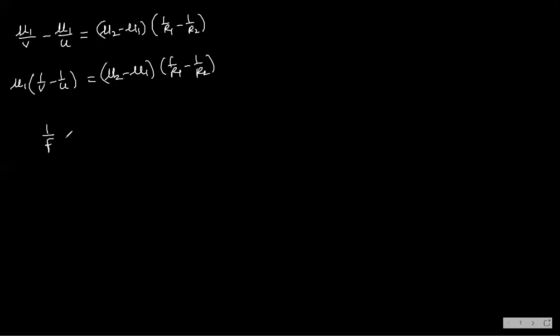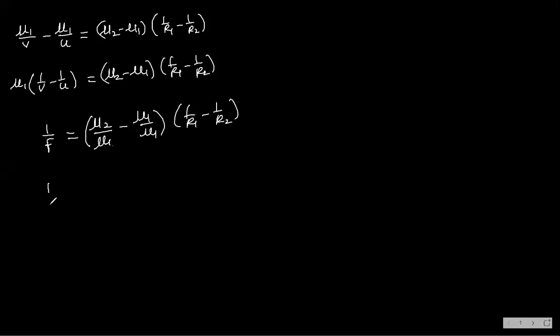You know the lens formula is equal to this, with mu1 transferred here. So mu2 by mu1 minus mu1 by mu1, I have divided. Clear? Understood? And this side as it is, 1 by R1 minus 1 by R2.